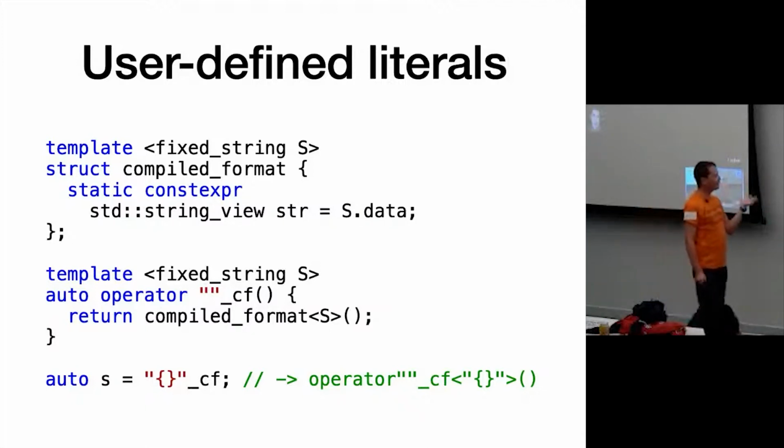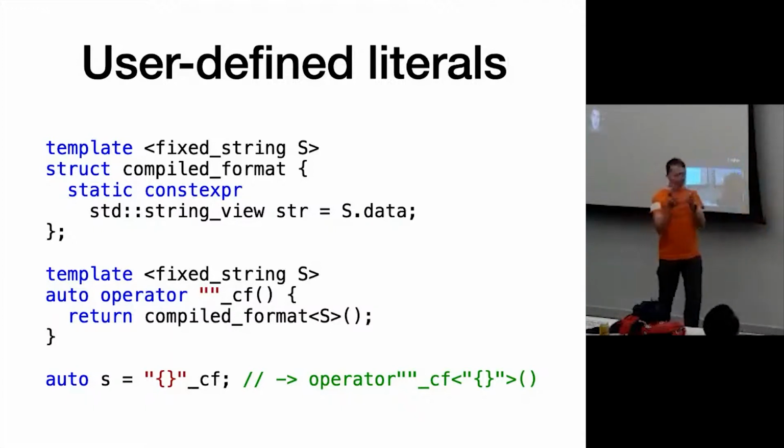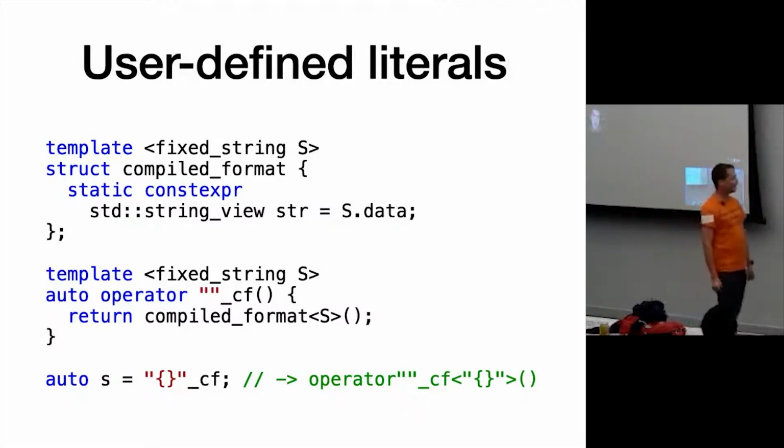But basically, what happens is if you write your string with this UDL, the compiler will translate this into something like on the right side of the comment, a call to this operator. It magically puts your string in the template parameters. It's very nice.